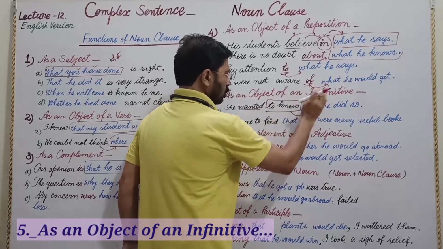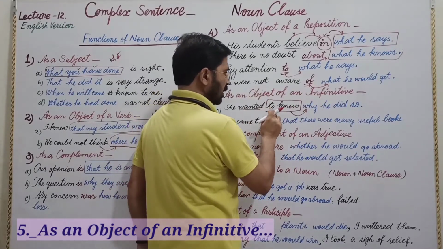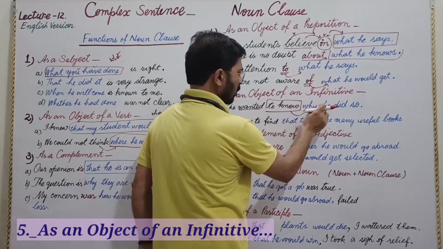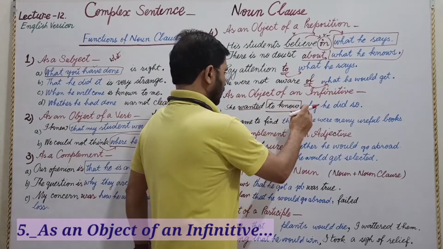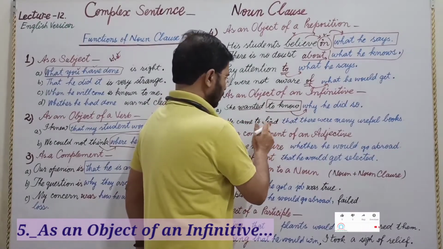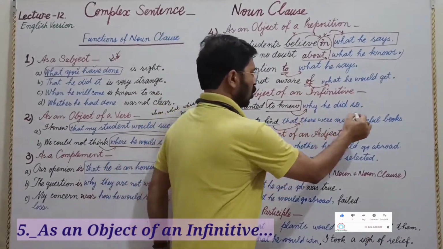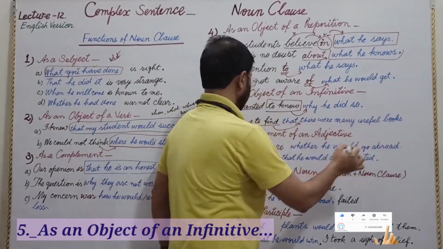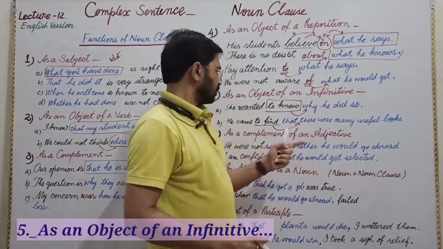Suppose there is no to know, then this will be called an object of a verb. But if we have written to know, it will be called the object of to know. To know is known as an infinitive. Then he came to find what? The object is this. This whole part is called object. He came to find that there were many useful books.